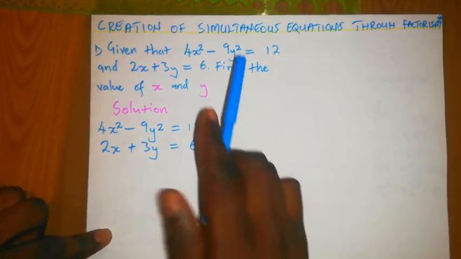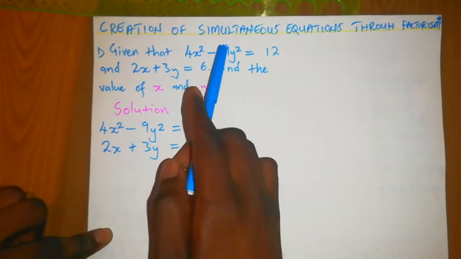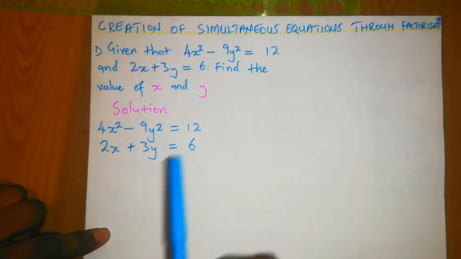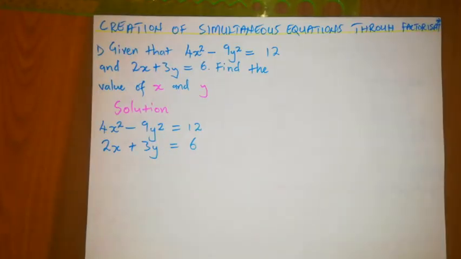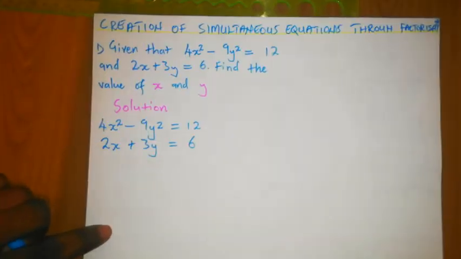We have to first know that difference of two squares. What is the answer of 4x squared minus 9y squared? As a point to note, you can't answer that question unless you bear something in mind.